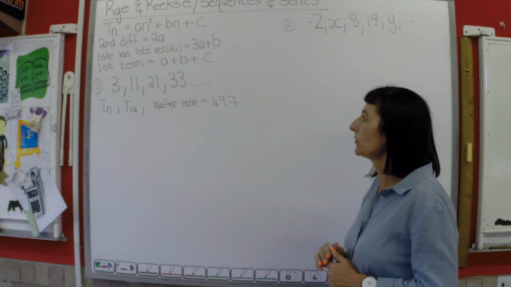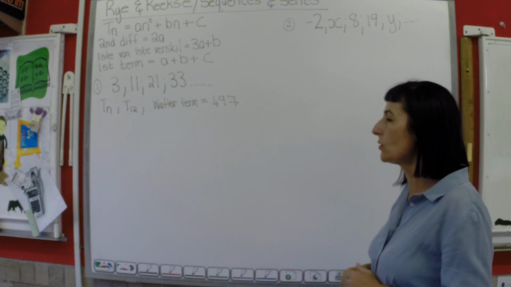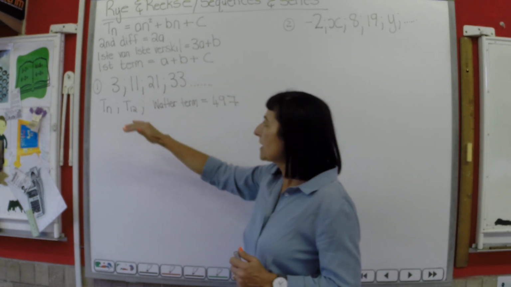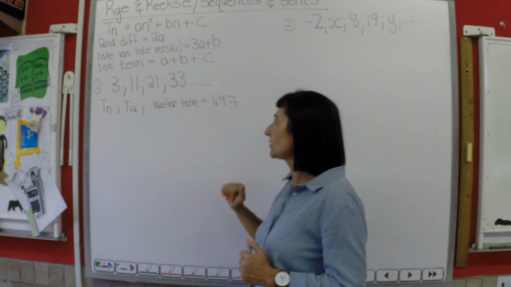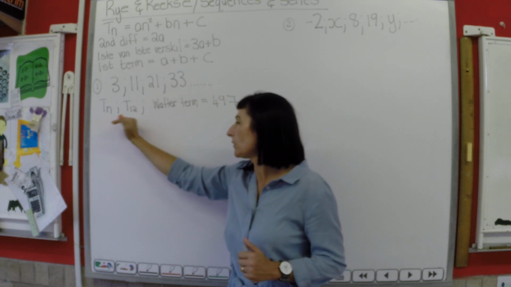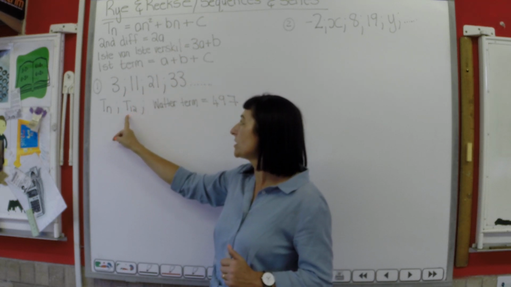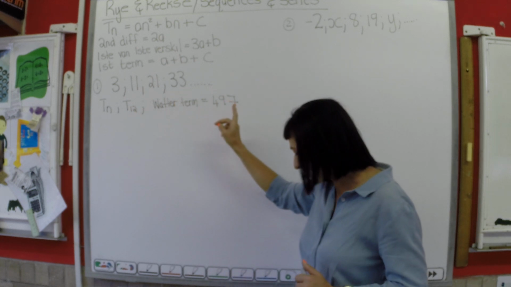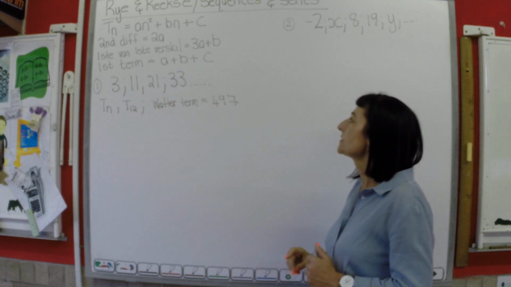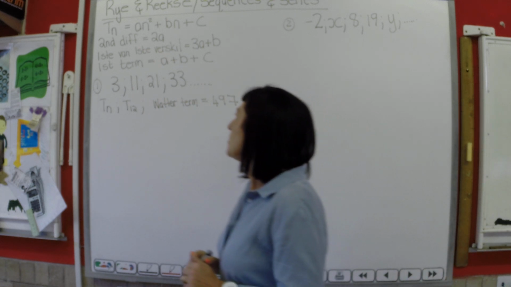So kom ons doen gou weer 2 voorbeeldjies van kwadratiese getalpatroon. Eerste een sê hulle vir ons hierdie is 'n kwadratiese getalpatroon en dan vra hulle vir ons 3 vrae. Determine Tn, determine the value of T12 en watter term se waarde is 497. So kom ons begin.